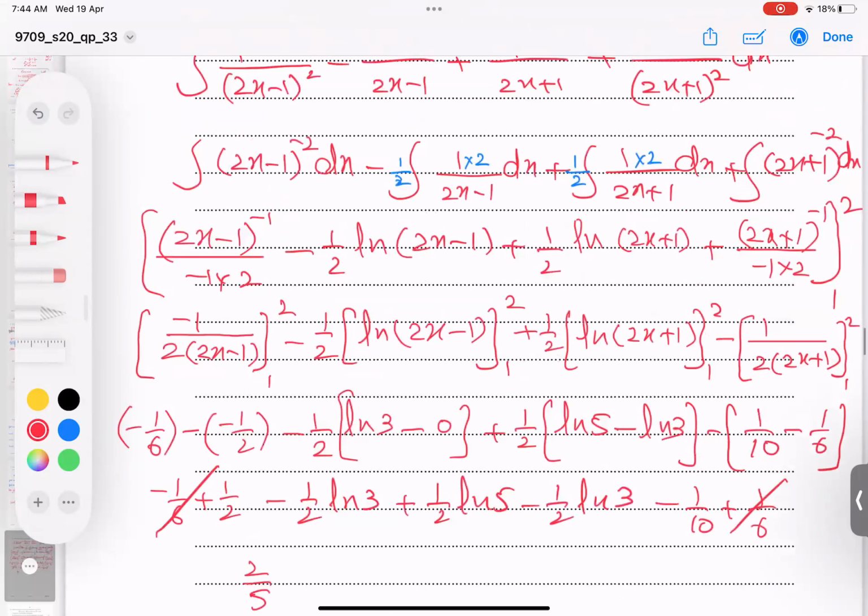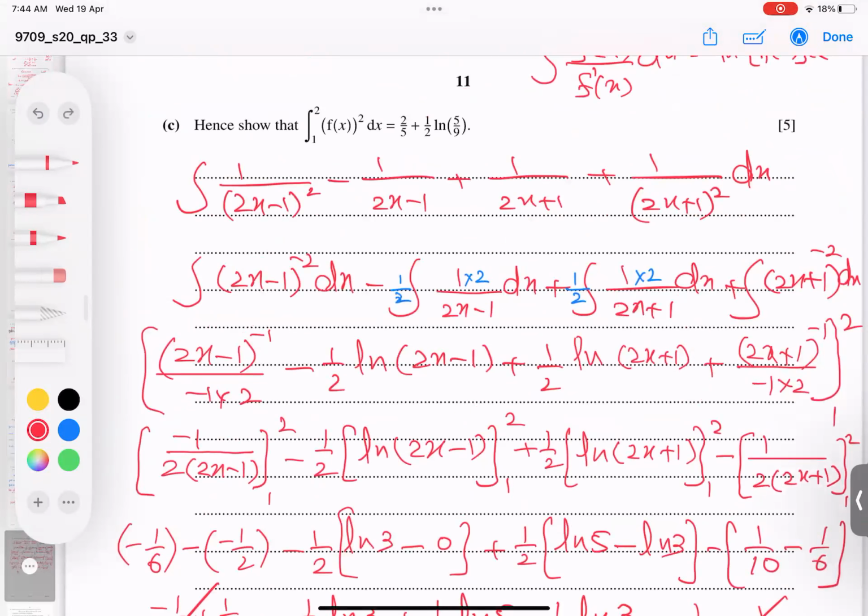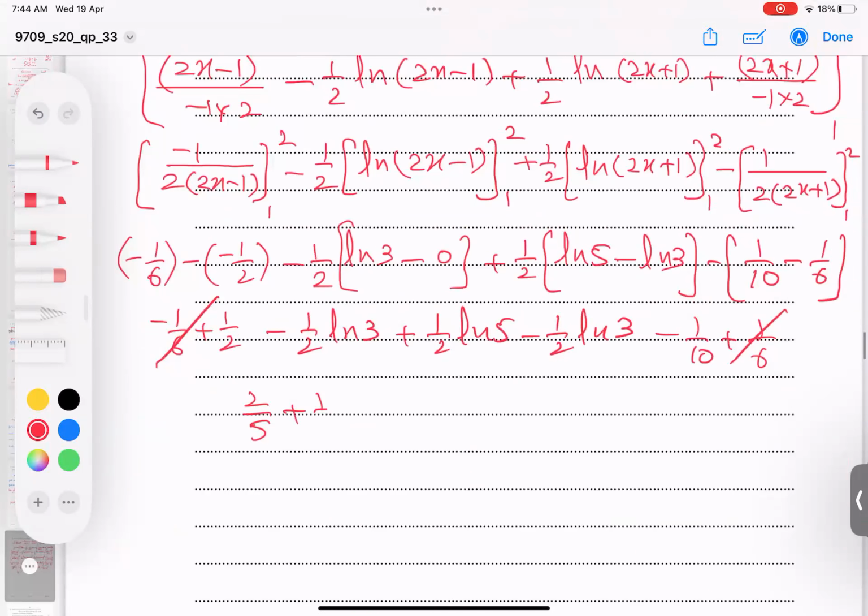Now I can see that this has a half with a plus half. If I take a plus half out, what happens, students? This is gone. So what is left? Negative log of 3. This gone. I get plus log of 5. This gone. I get negative ln 3.